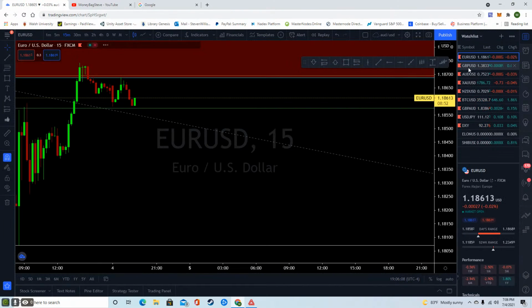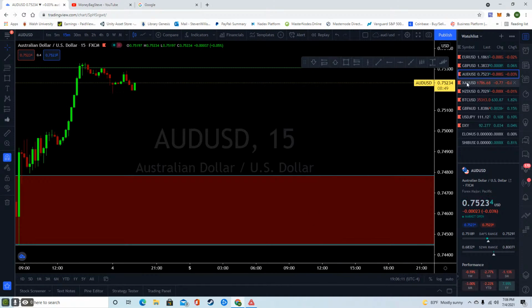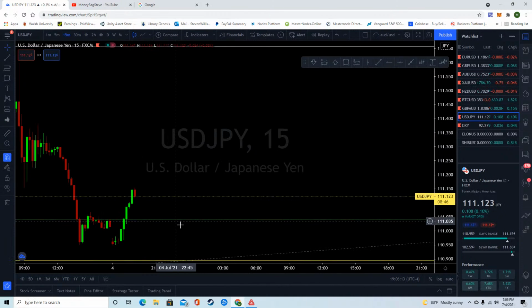Looks like everything's gonna try to go back and touch, which means USD JPY might come back and touch here.